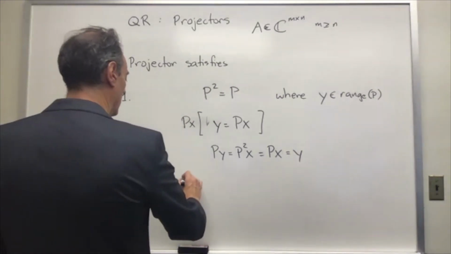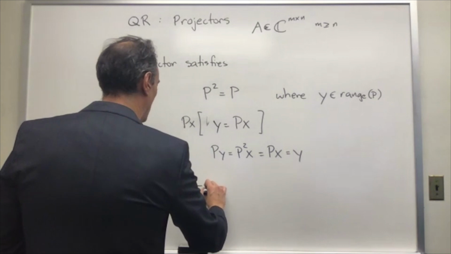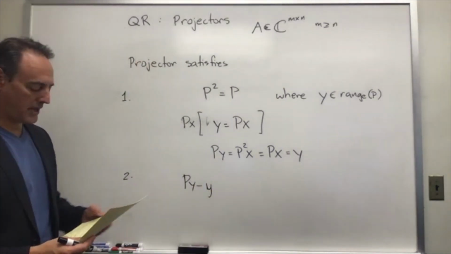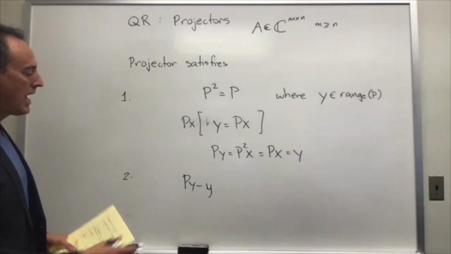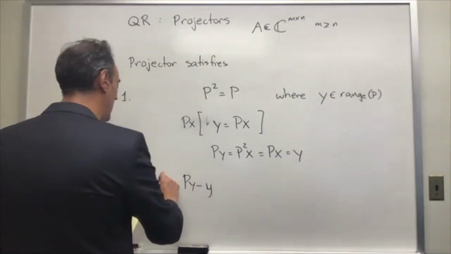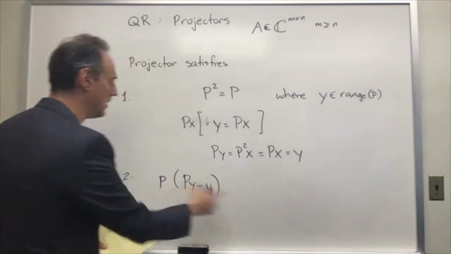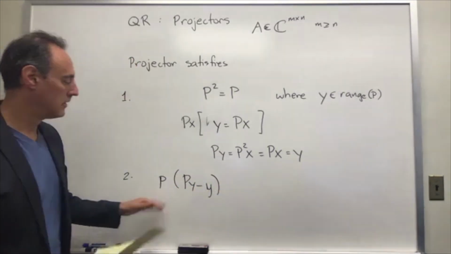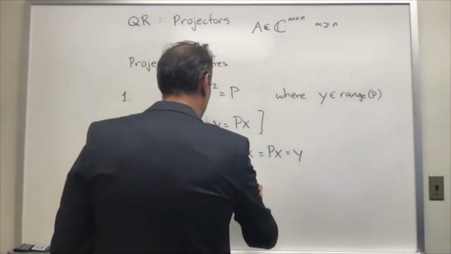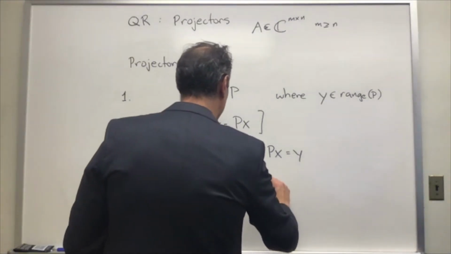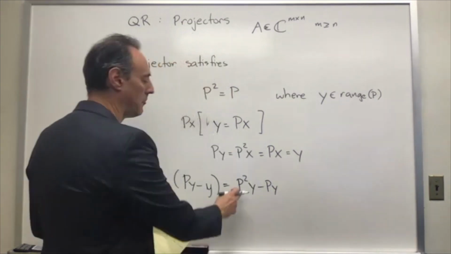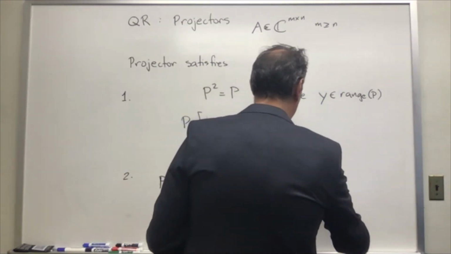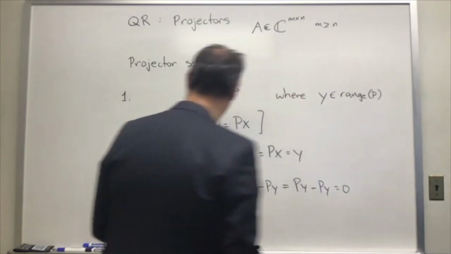Let's consider Py minus Y, and hit it with the projector P. That gives me P squared Y minus P of Y. P squared is equal to P, so you get Py minus Py, which is equal to 0.